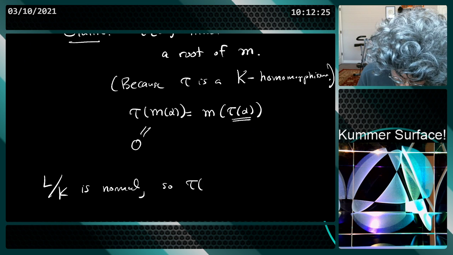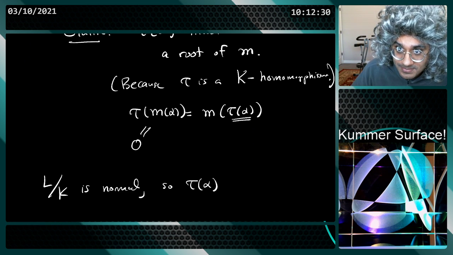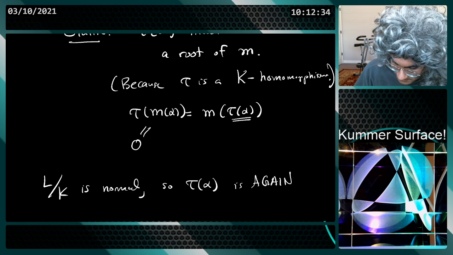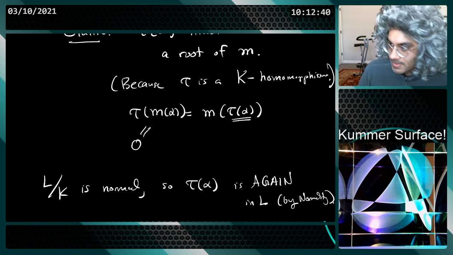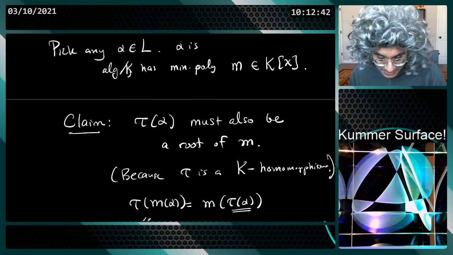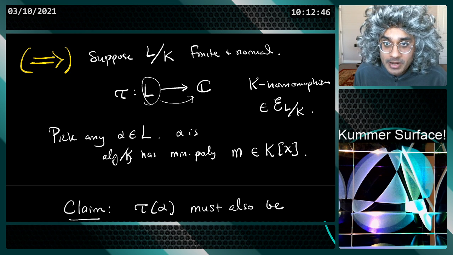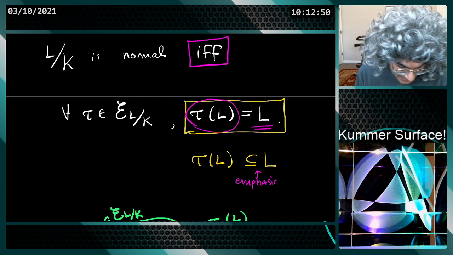So tau of alpha is again inside of L by normality. Just a definition. And so I took any element in L, I looked where it went, and it went back into L. And so I get this containment, the emphasis one.